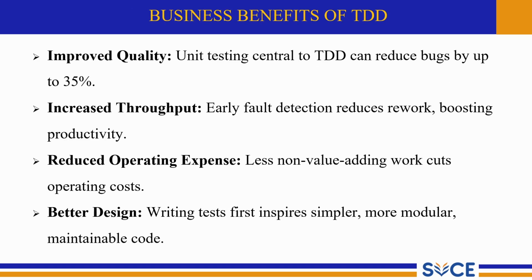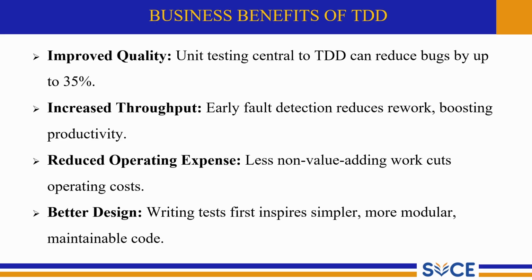And the next one is the business benefits of test driven development, starting with improved quality. Unit testing, central to test driven development, can reduce bugs by up to 35%. Test driven development improves software quality because each piece of code is tested as soon as it is written.